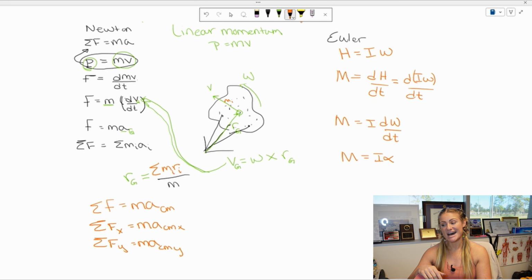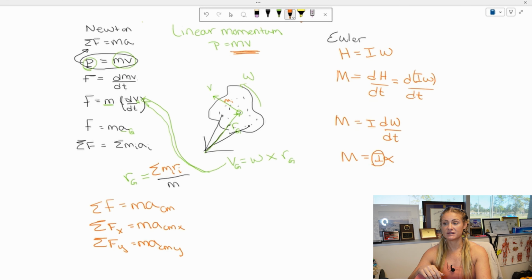The same. So for this, I here is going to be I of the center of mass, because remember, it is the angular version of this.